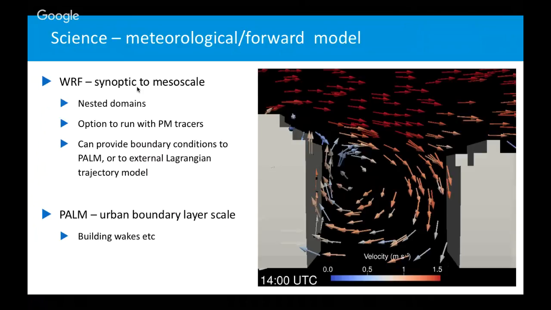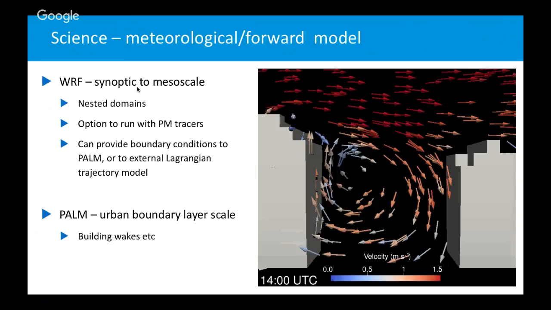We can run tracers inside of that. We'll toy with the idea of using WRF-Chem, but whether we need to do that for particulate matter, sure. We'll also look at TAPM as an option for dispersion modelling. And so WRF can then provide those boundary conditions to an external trajectory model, or to TAPM, or to PALM.